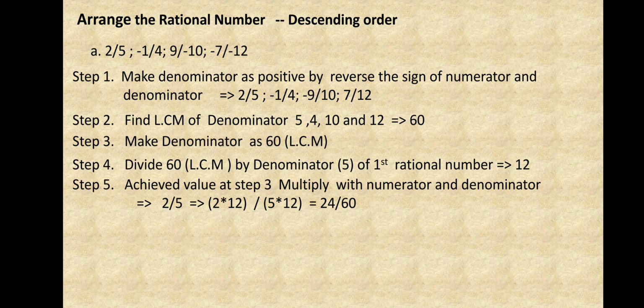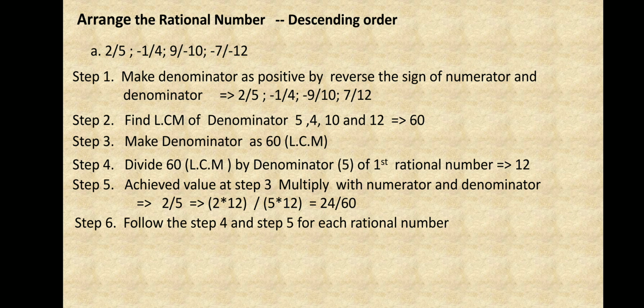Am I right? And at step 5, multiply the value you got at step 4 with the numerator and denominator. So what is the number now? It was 2 by 5, and now 2 will be multiplied by 12, whereas 5 will also be multiplied by 12. So what do you get? You get 24 by 60.